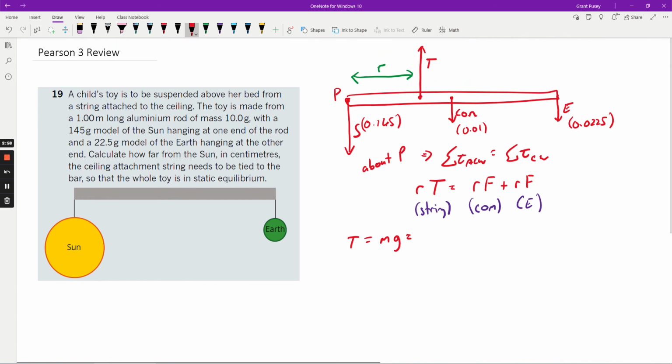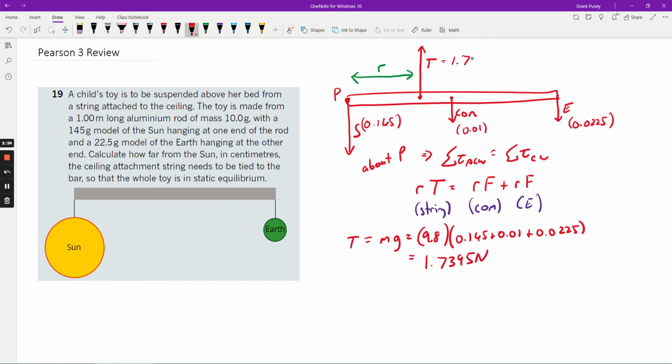It's going to oppose all of these downward forces, right? So it's going to be 9.8 multiplied by all of those masses added together: 0.145 plus 0.01 plus 0.0225. And what I should get is 1.7395 newtons. So that is the tension in the string.